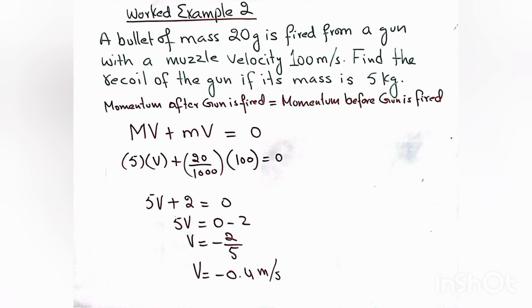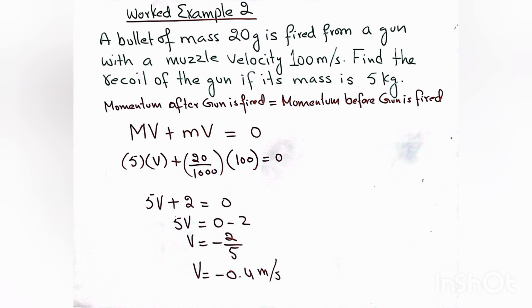Here the capital M stands for the mass of the gun and the capital V stands for the velocity of the recoil, and small m represents the mass of the bullet and small v represents the velocity of the bullet. So the momentum after the gun is fired will be equal to the momentum before the gun is fired. So I will substitute these values into this equation.